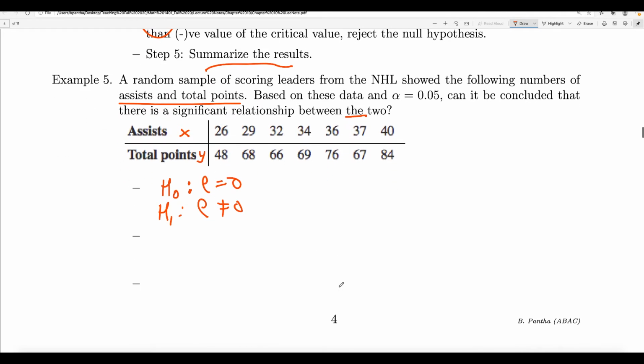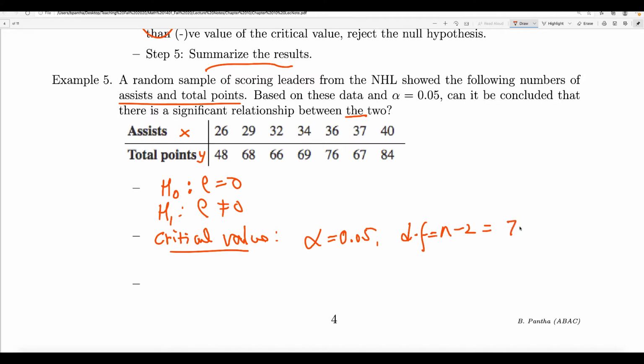Now step number 2 is find the critical value. For the critical value, we use table I. What is alpha? Alpha is 0.05. What is the degrees of freedom? It is n minus 2. Here n is 1, 2, 3, 4, 5, 6, 7 pairs. 7 minus 2 is 5, so the degrees of freedom is 5.